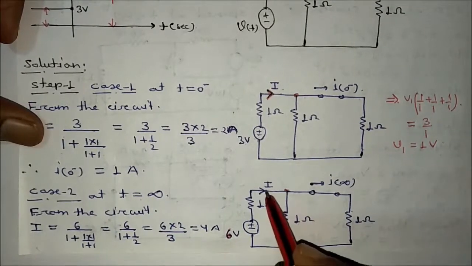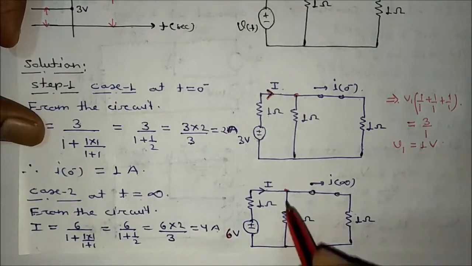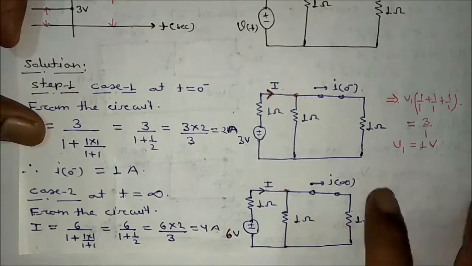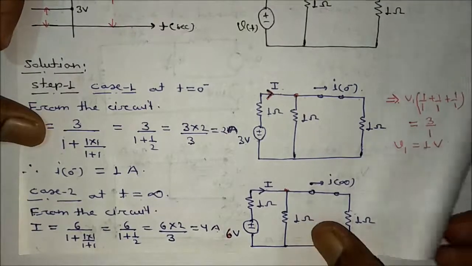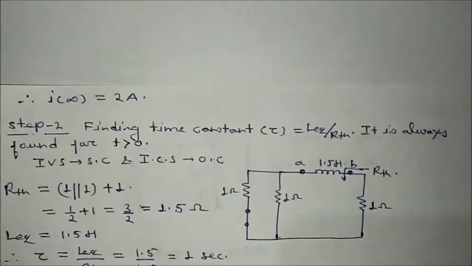Or you can find this current as 6 divided by 1 plus, these two are in parallel, 1 into 1 divided by 1 plus 1, you will get 4 ampere, and this 4 ampere will be divided equally, 2 ampere and 2 ampere, so i(infinity) will be equal to 2 ampere.